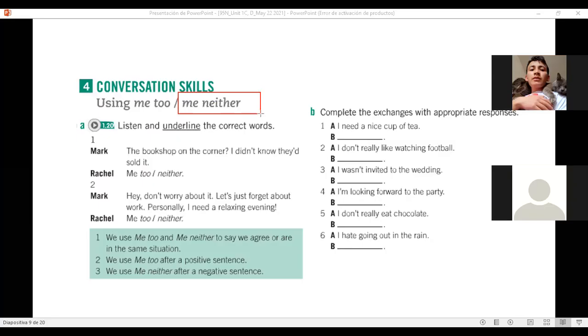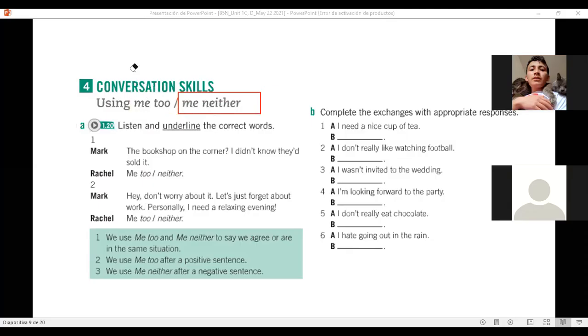Okay, so what's the meaning of this one? Do you know? What would be the meaning of these phrases? Do you have any idea? What's the meaning of me too? ¿Qué significa este?